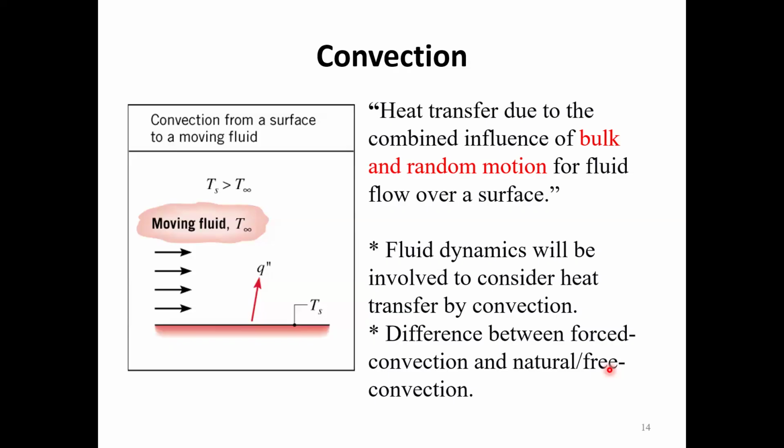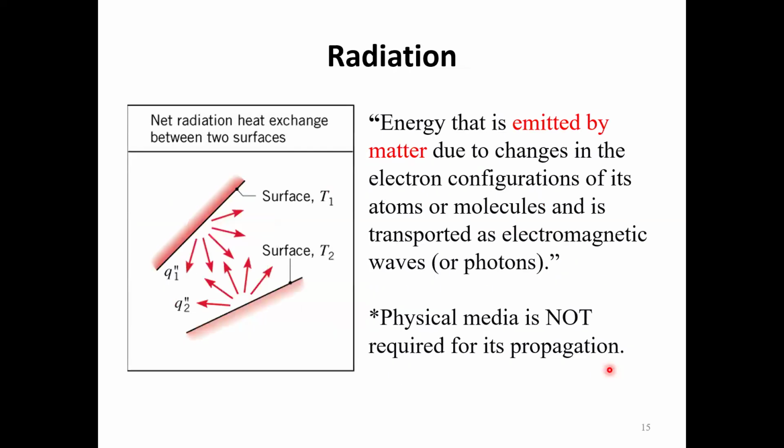The third mode of heat transfer is heat transfer via radiation, and by definition it is the energy that is emitted by matter due to changes in electron configuration of its atoms or molecules. This heat transfer happens as electromagnetic waves.